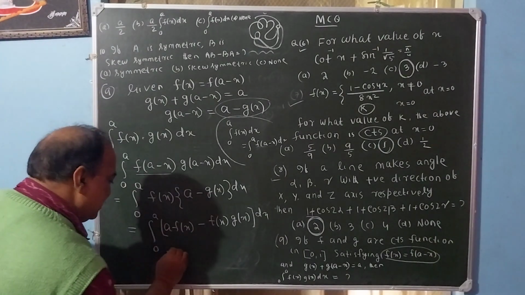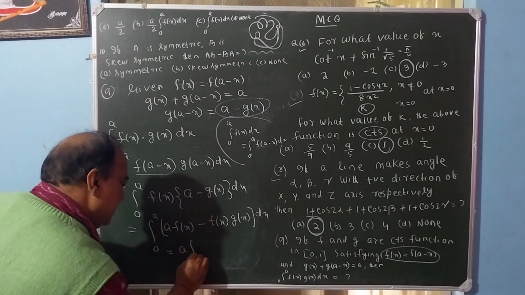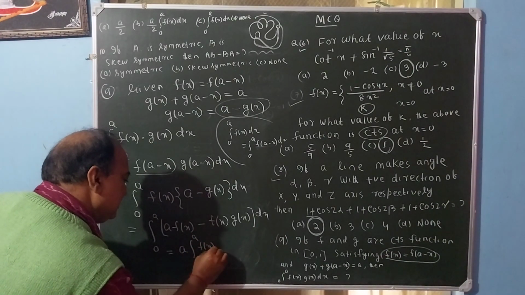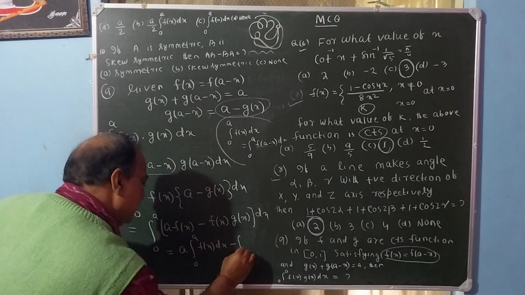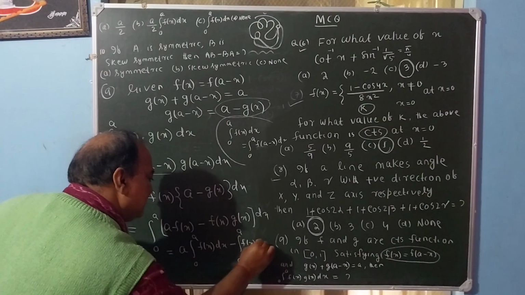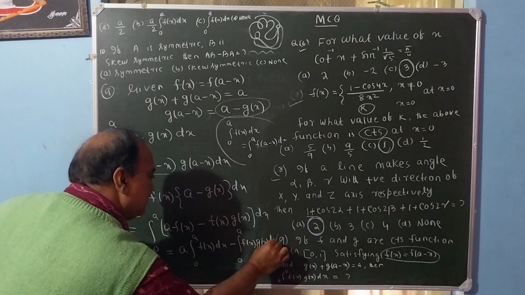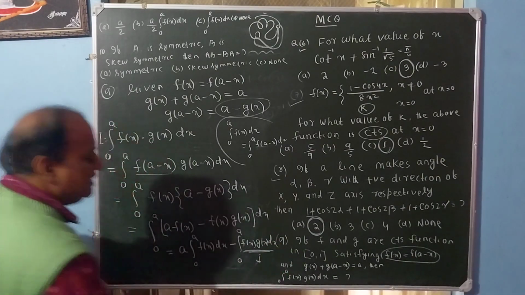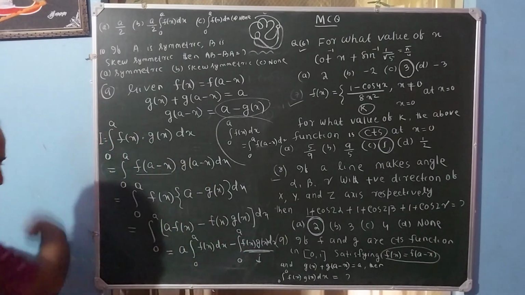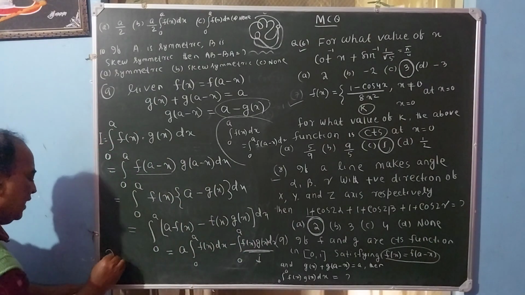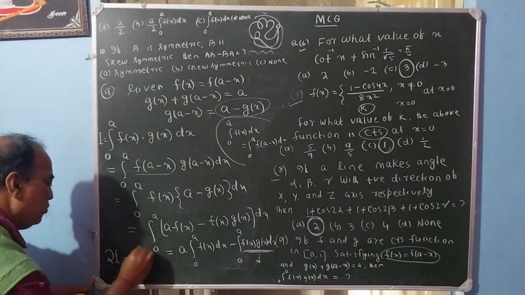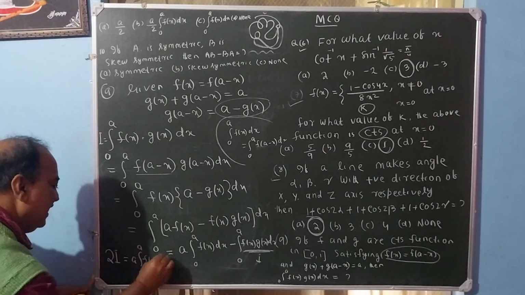Integration of a difference is equal to the difference of the integrations. Here a is a constant, so it comes outside: a times integration from 0 to a of f(x) dx, minus integration from 0 to a of f(x) g(x) dx. This is also I, so I is repeated: I equals that minus I. Bringing it to this side, 2I is equal to a times integration from 0 to a of f(x) dx.